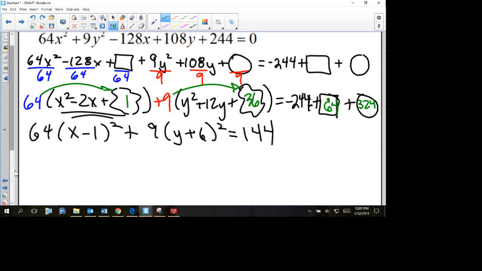How do I make 144 into 1? Divide by 144. So when I divide by 144, I have to divide everything by 144.